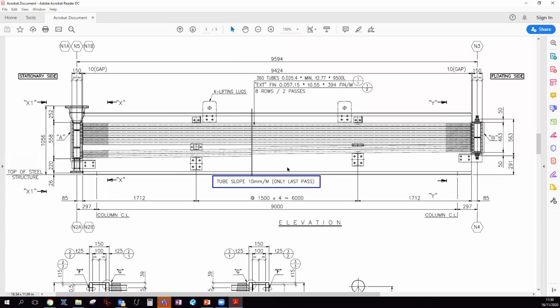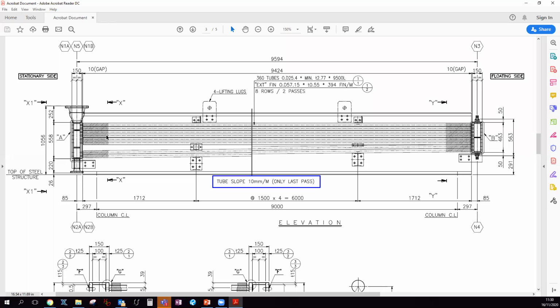Here you can see that this second part is sloped 10 millimeters per meter, only the last part, the second part. So this is the process inlet, where the vapor enters. It is condensed in this header, goes back through the second part of the tube bundle, and the condensate goes down.